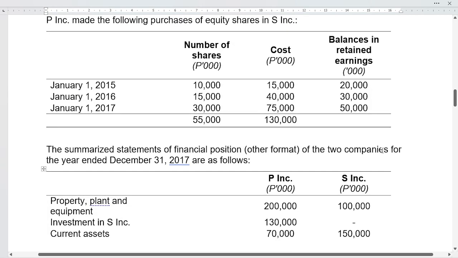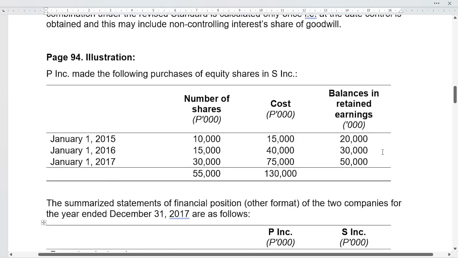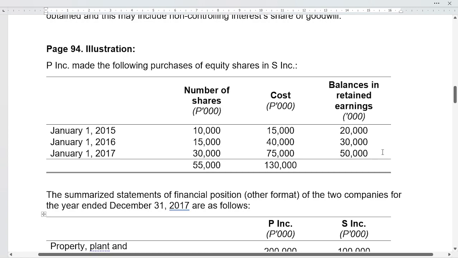Samantalang noong January 1, 2017, meaning December 31, 2016, nasa 50 lang. So magkano itinaas? 30,000. Yung 30,000 na yon, ang net income from January 1, 2017 to December 31, 2017. Okay. So, malinaw na, no? Kung magkano ang net income.